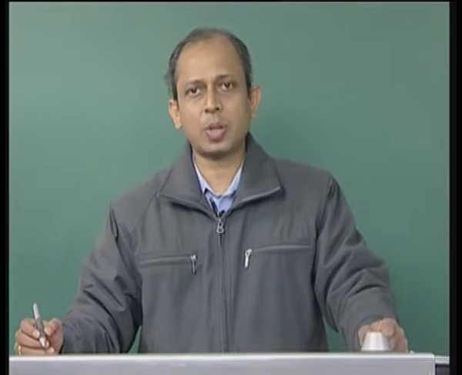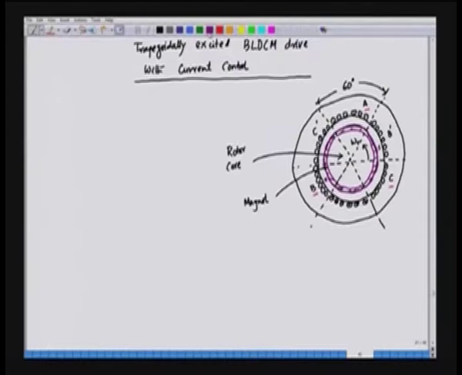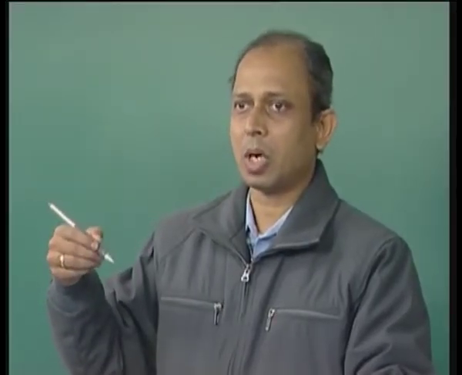So, we have the slots, and each winding, if we see phase A, is spread over 60 degrees here, and this is A prime, the return path of phase A. If the A conductor carries dot current, meaning it is coming out of the plane, A prime will carry the cross current.